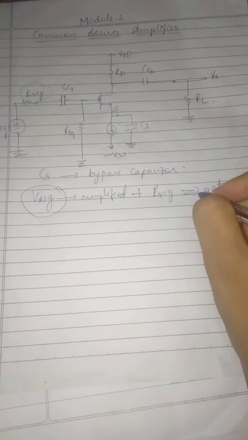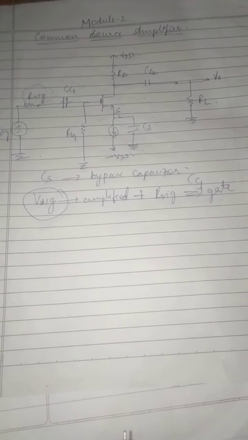Now this signal, along with the internal resistance RSIG, will be connected to the gate. Is it possible to connect it directly to the gate? No. That is the reason we are using coupling capacitor CC1, which is our input coupling capacitor.